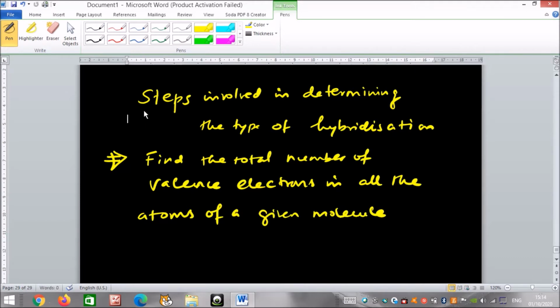So it must be the first step. If you want to find the type of hybridization, we must be focused on this particular point.